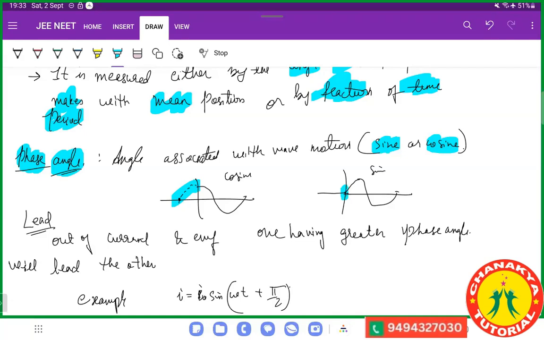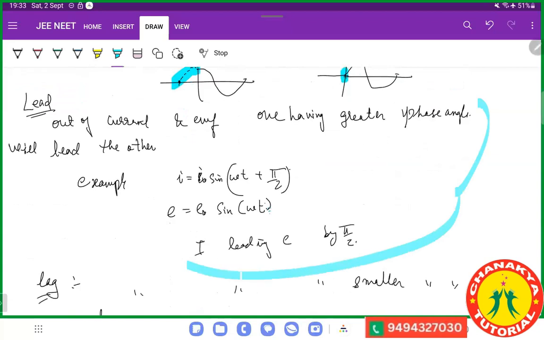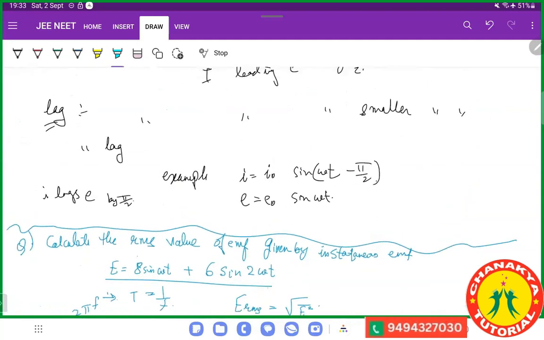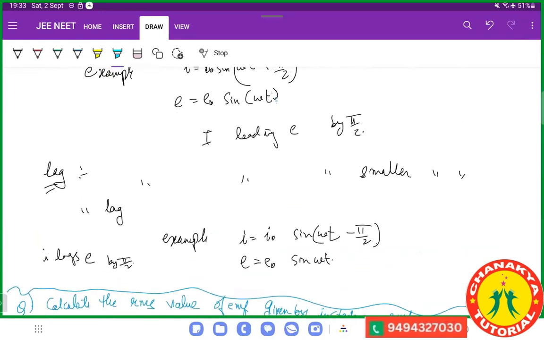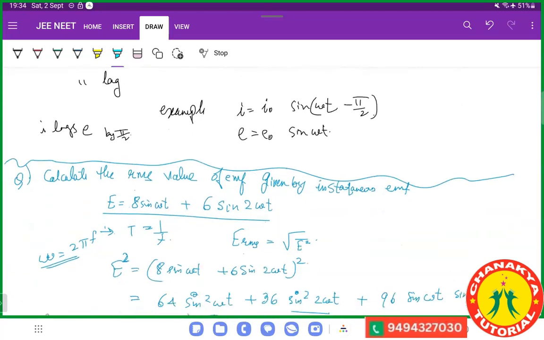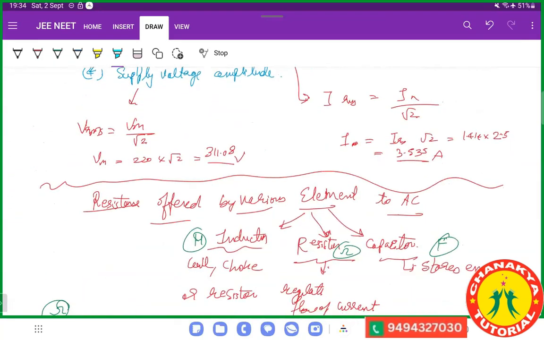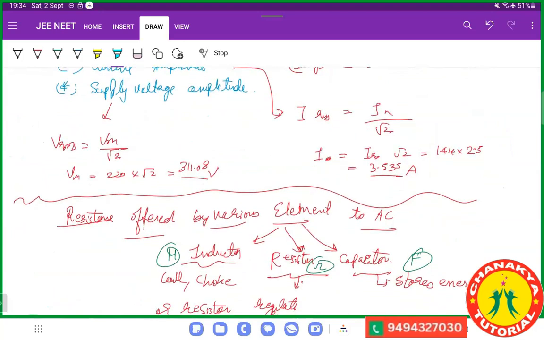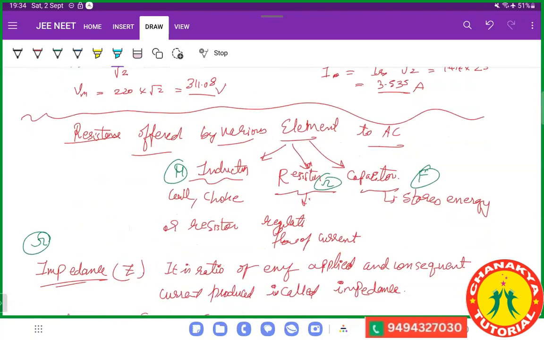Lead means ahead, and lag means behind. Yeah, these are important things.